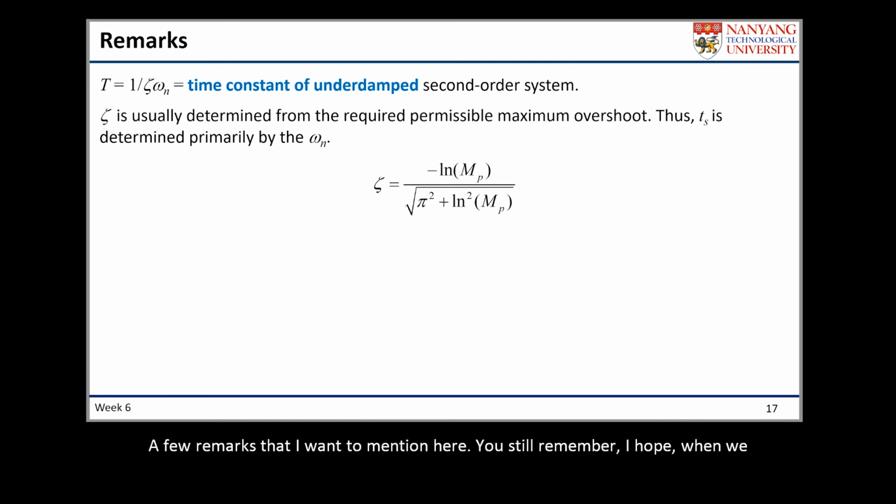A few remarks that I want to mention here. You still remember, I hope, when we were discussing first order system. In first order system, there are two parameters, the DC gain K and the time constant T, right?